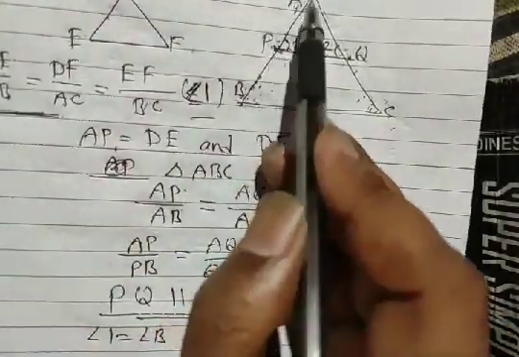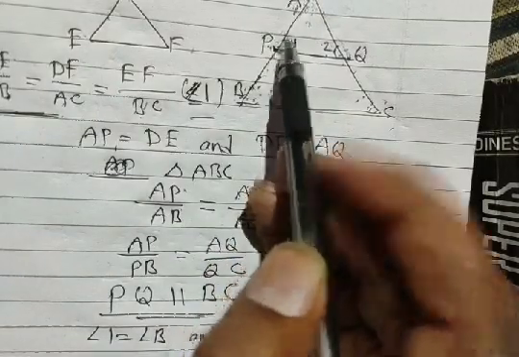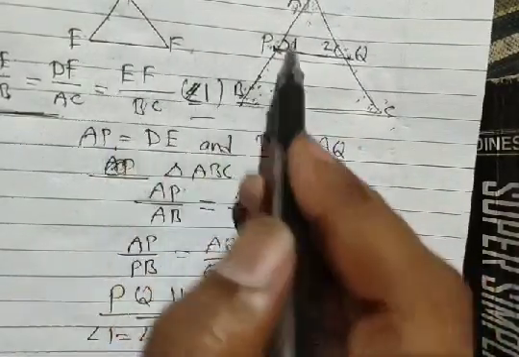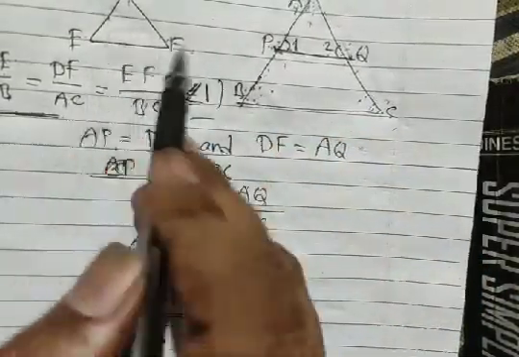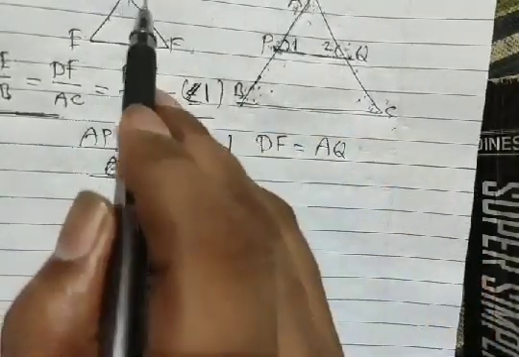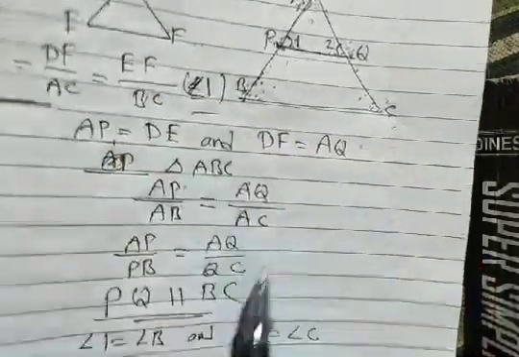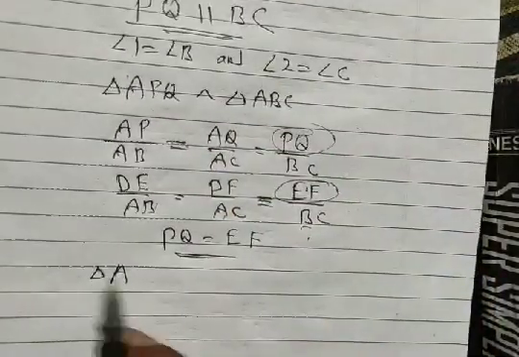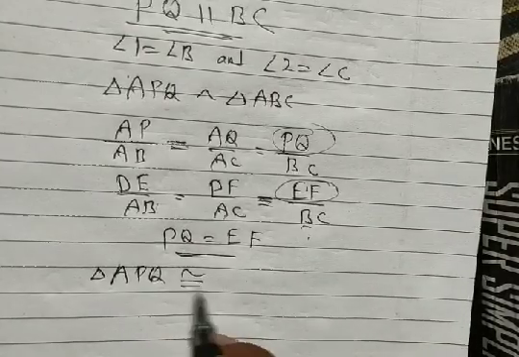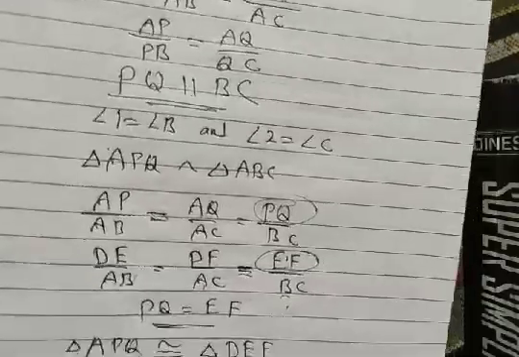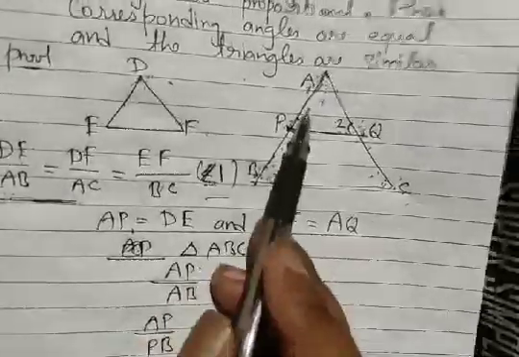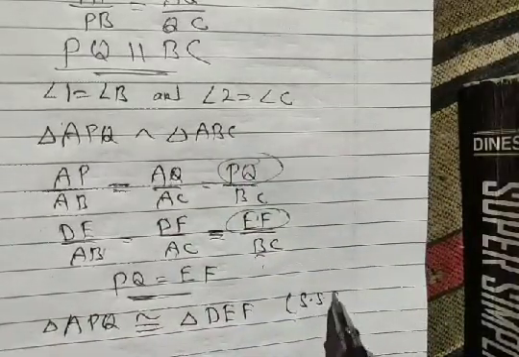By side, just using sides: our AP is equal to DE, our AQ is equal to DF, and our PQ is equal to EF. Then triangle APQ is congruent to triangle DEF by side criteria, by SSS criteria.